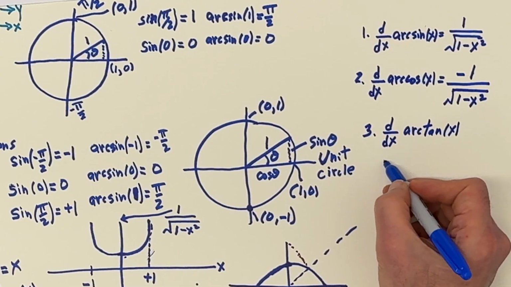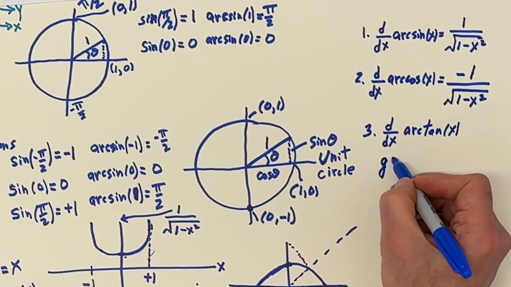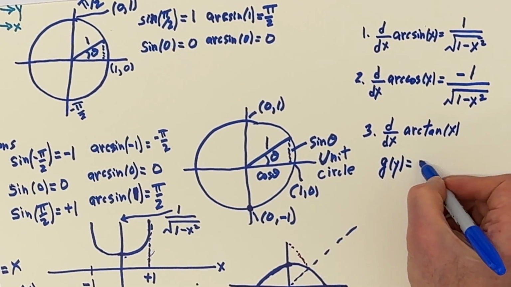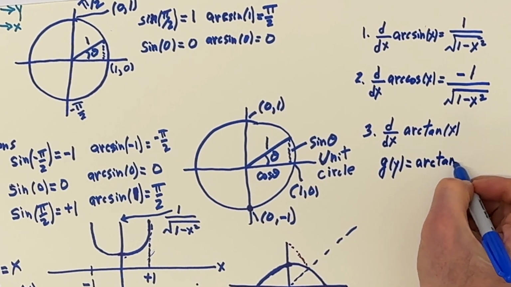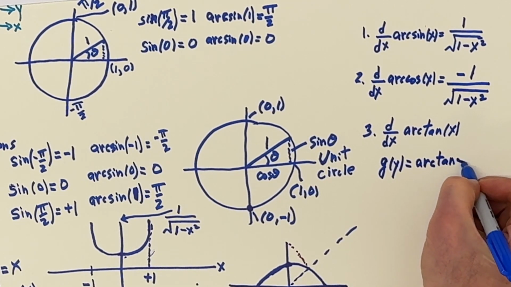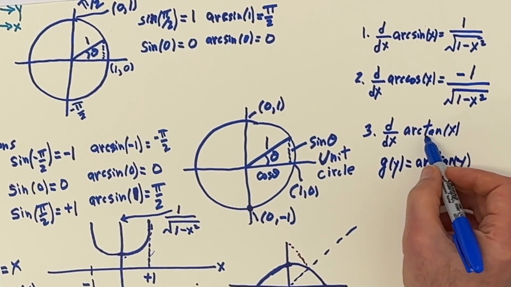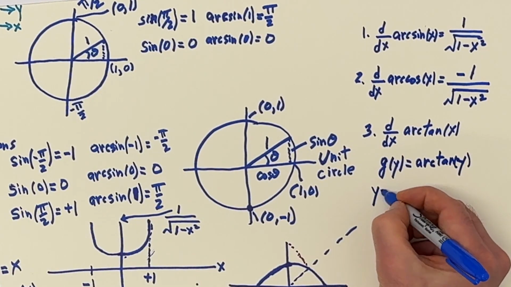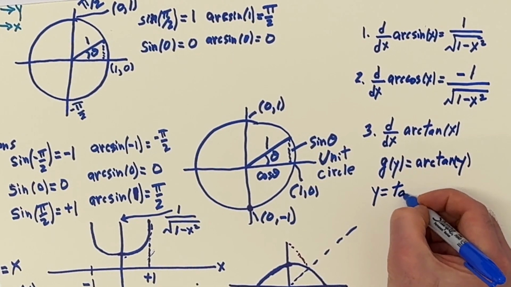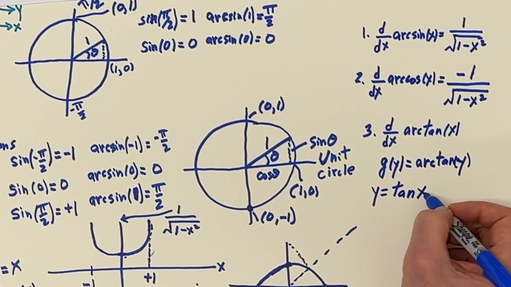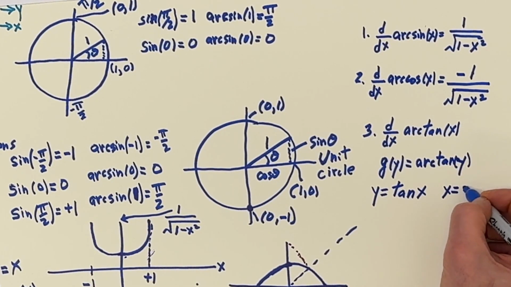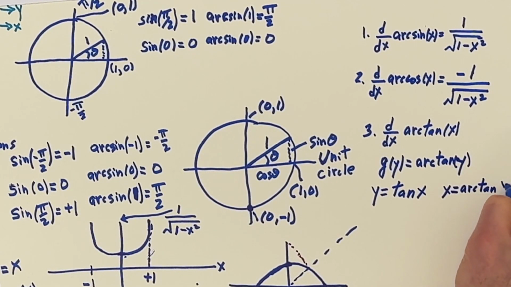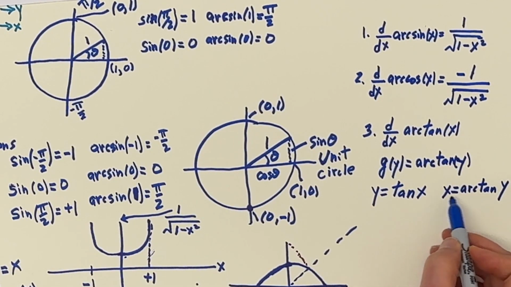So here we're going to let g of y be the arc tangent of y. Remember that we start with y equal the tangent of x, and then we let x equal the arc tangent of y, like we're going to go the other way. That's our setup.